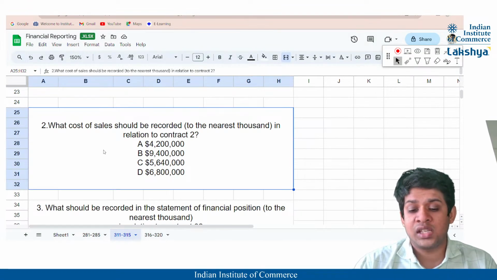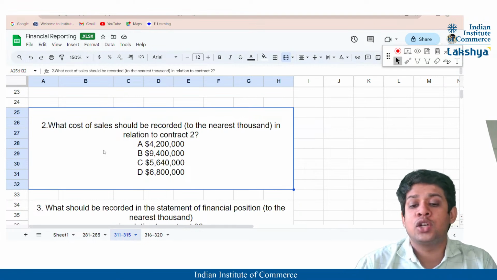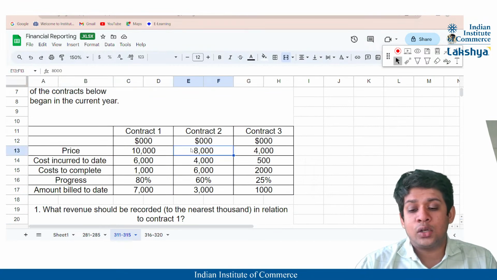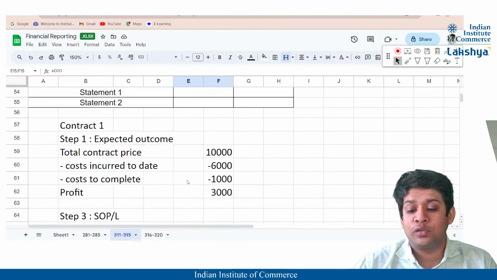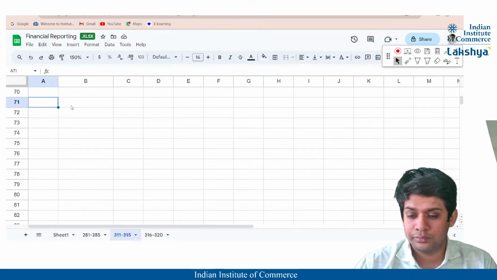Now, what cost of sales should be recorded to the nearest thousand in relation to the contract 2? So let us look at contract 2. Contract 2 is price given to us, cost incurred to date, cost to be incurred in the future date to complete the project, right? So firstly, let us check whether the contract is profitable or not.